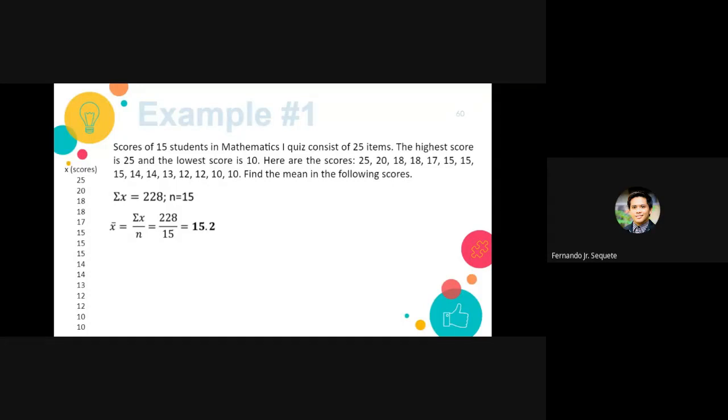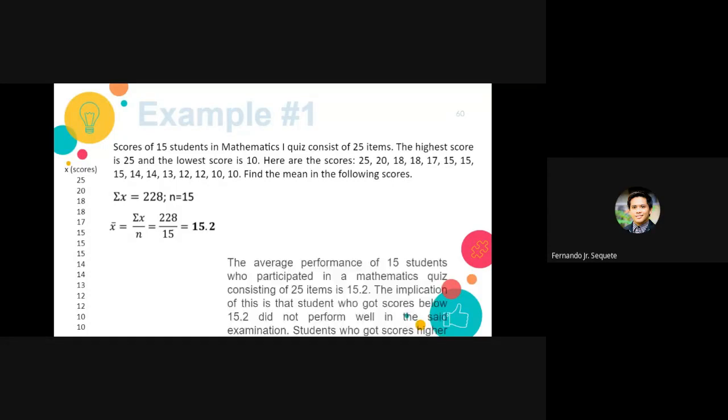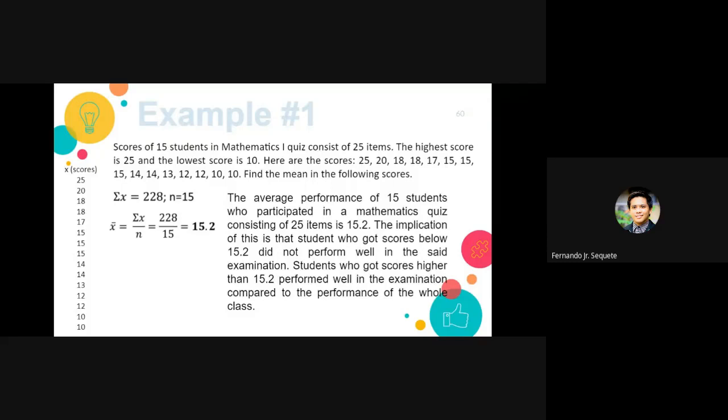Okay, and then, of course, I did give you an example of how to interpret the result because here, children, when I give you an activity sheet, you really have to interpret it.